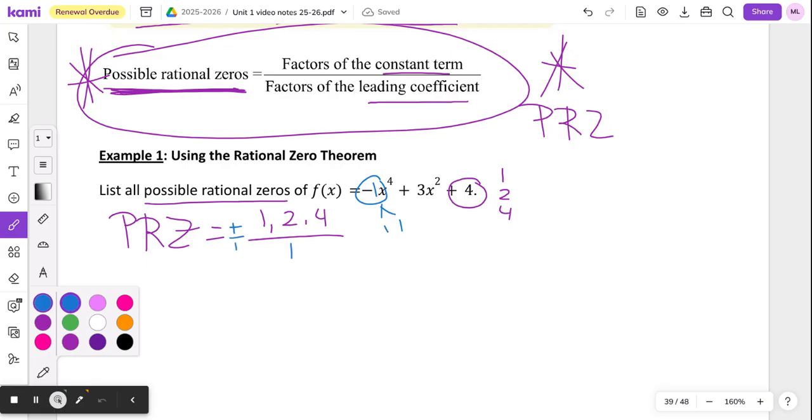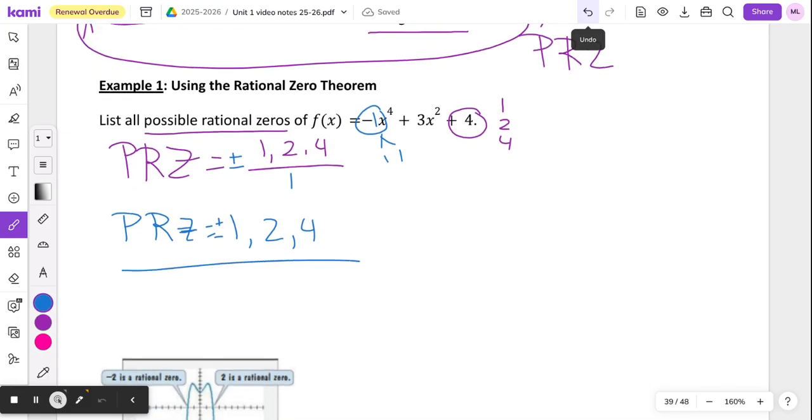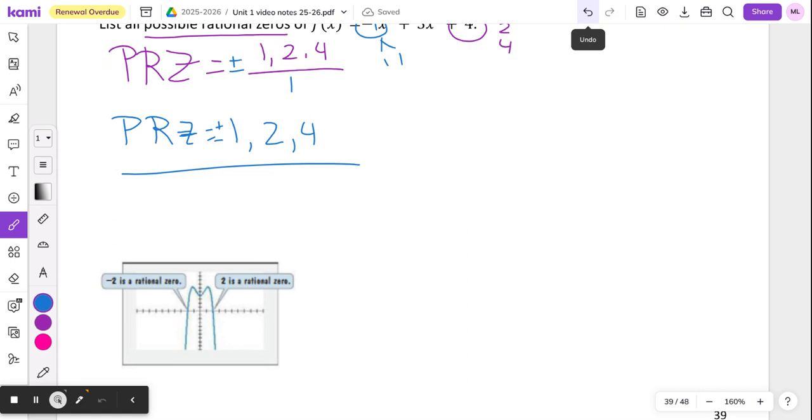We look at positive and negative for all of those, and then you divide them. Now this one's easy because we're dividing by 1, so our possible rational zeros are 1 divided by 1 or 1, 2 divided by 1 is 2, 4 divided by 1 is 4, positive and negative for each of them. These are your possible rational zeros.